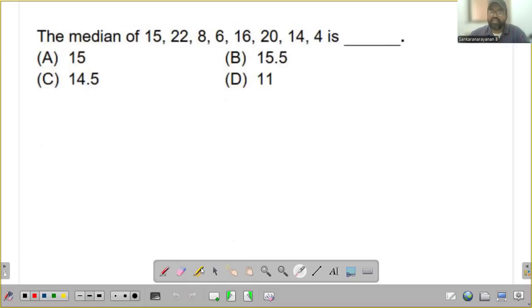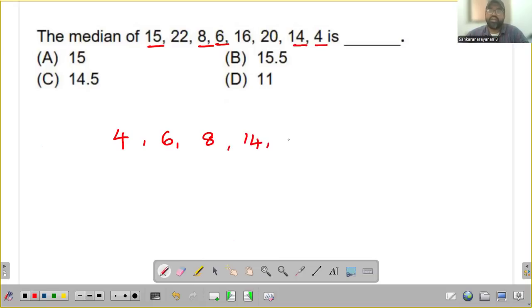If I go by the ascending order, the smallest number is 4. Write it first. The next bigger number is 6, and then comes 8. After that, we can consider that 14 is there, and 15 is there.